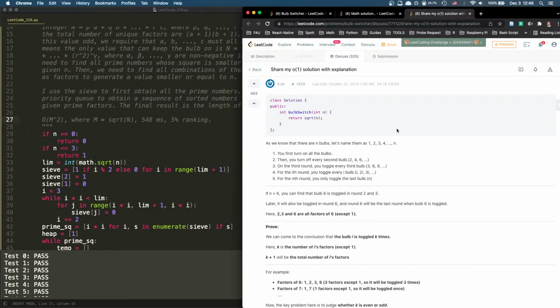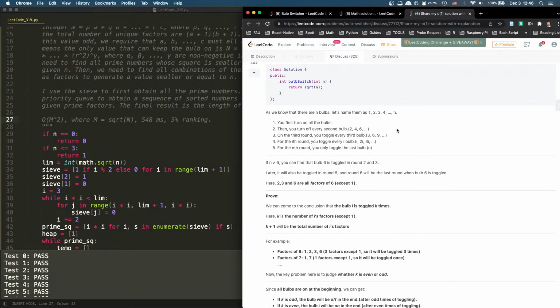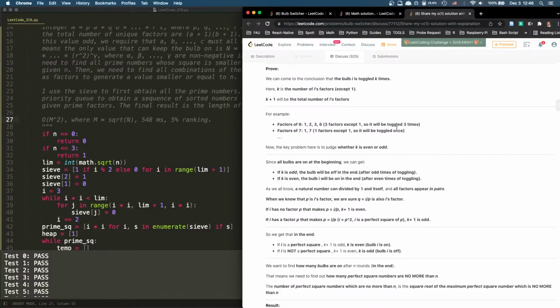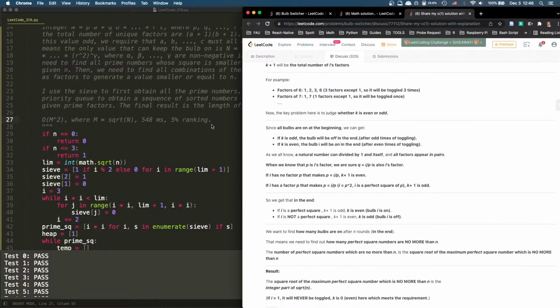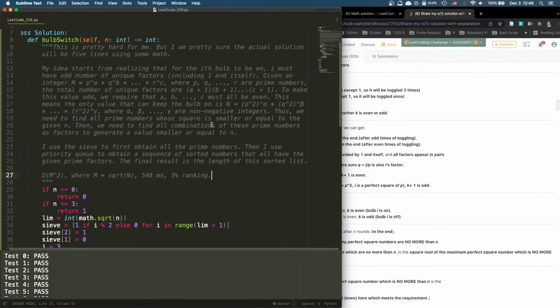So, how should I say this? We are close. We got the part that it has to be an odd number of divisors. Right? We're here. I must have an odd number of unique factors.